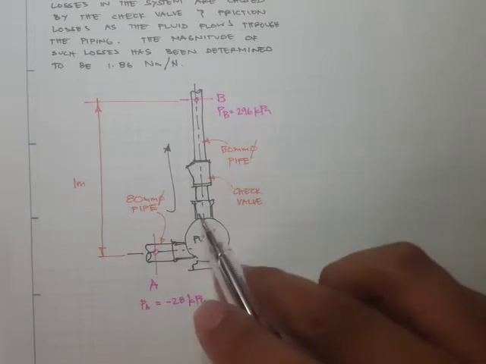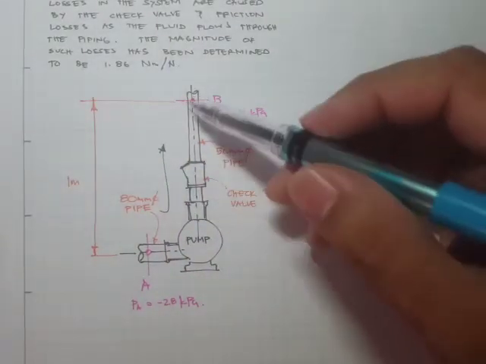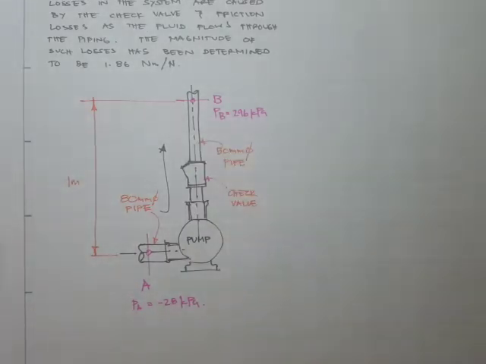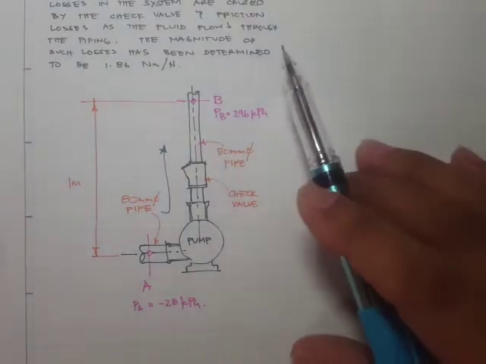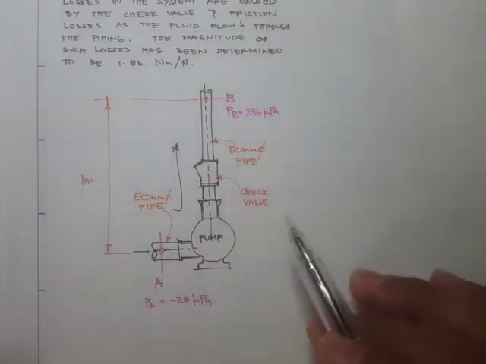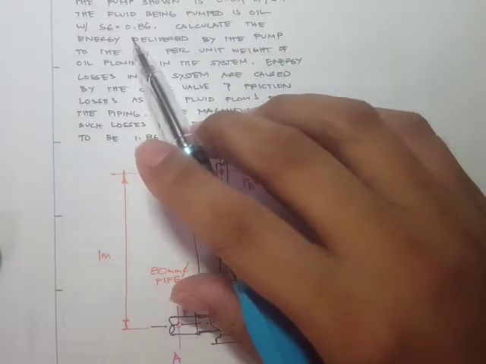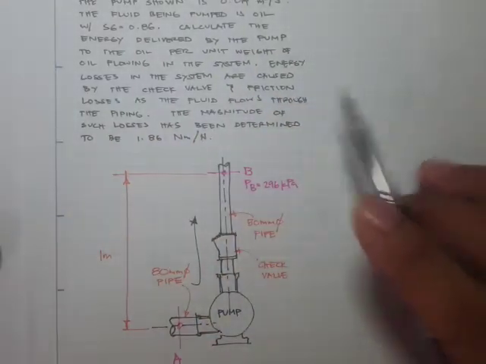So we have a pump, we have a check valve, and due to the length of the pipe we'll have friction losses. The distance between point A and point B is 1 meter, and the fluid is oil with a specific gravity of 0.86.